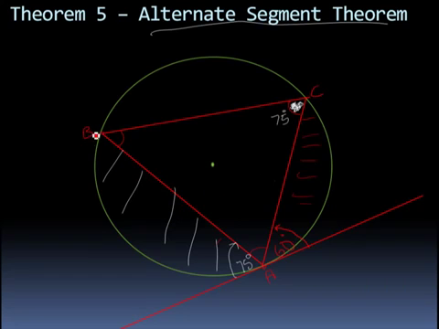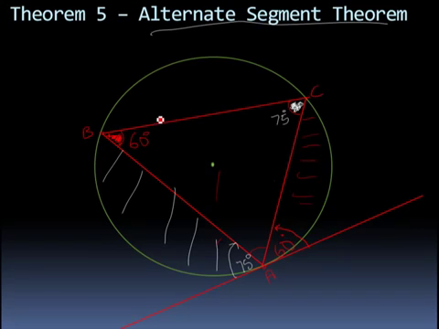And so this angle here will be in the major segment. Okay? So if this is 60 degrees, the angle between the tangent and the chord is equal to the angle in the major segment. So this actually is 60 degrees.